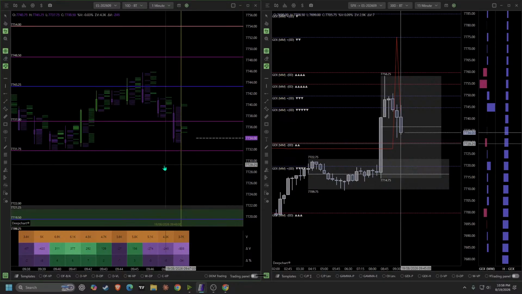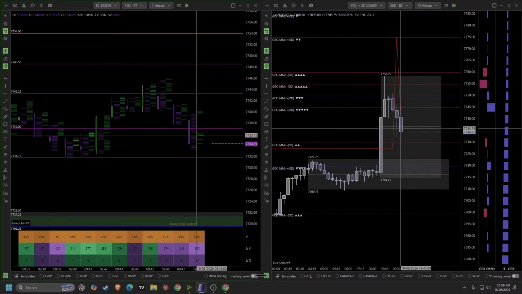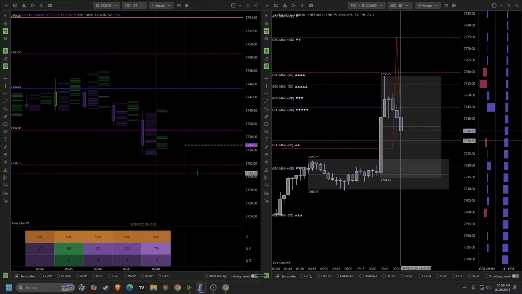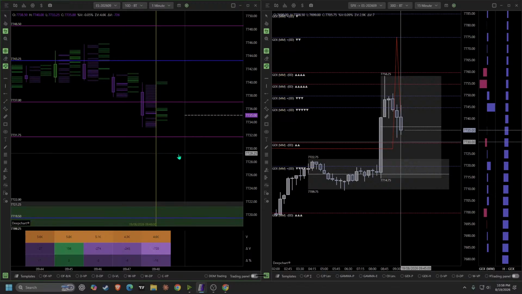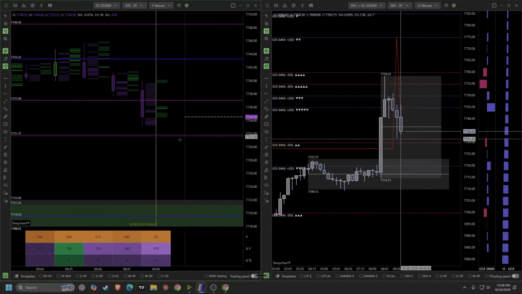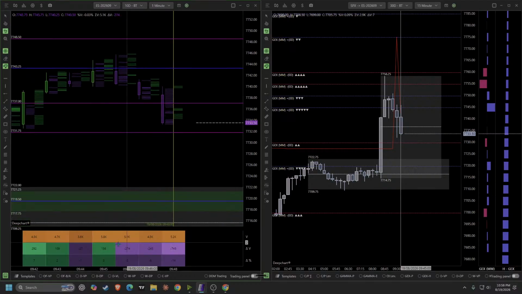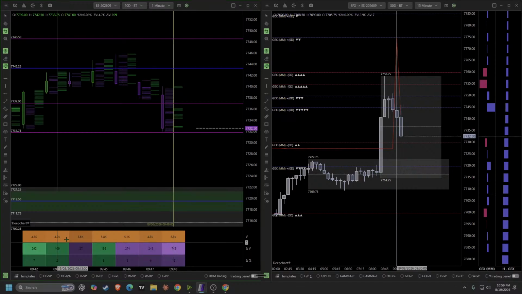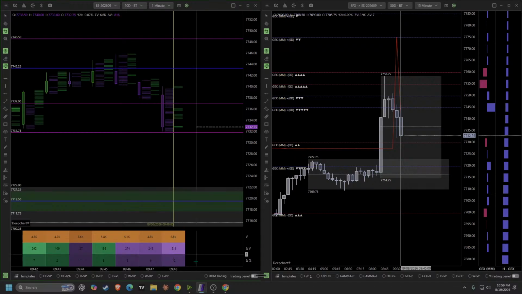Pretty strong push down. Some aggressive sellers stepping in, some aggressive buyers. Price keeps moving down. You can see the delta is significant. The volume is pretty standard and consistent throughout all of these candles.